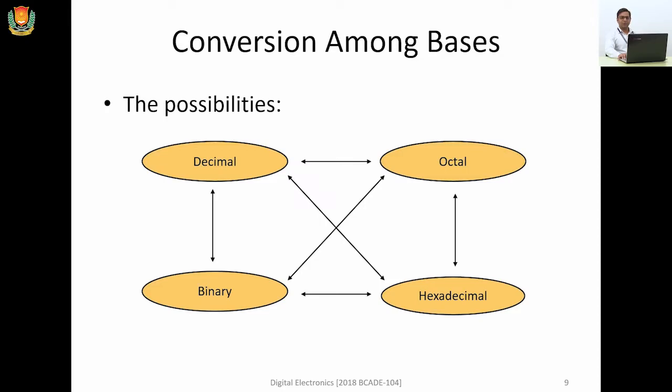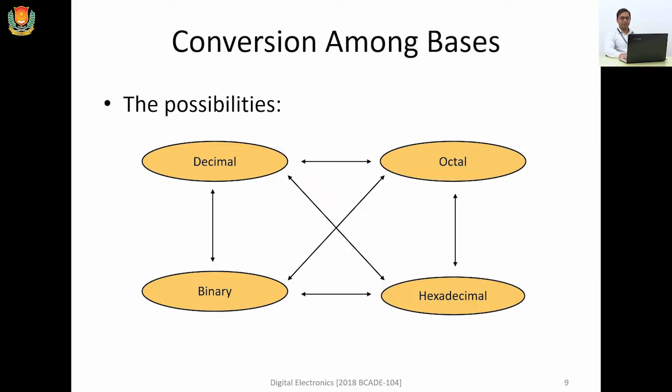Because human beings generally understand the decimal number system, but computer systems understand the binary number system. Some other microprocessor or microcontroller systems understand hexadecimal or octal numbers. So that's why conversion is required.